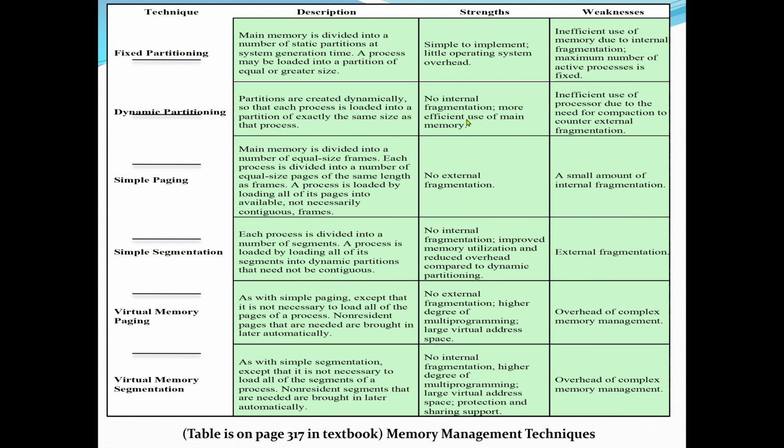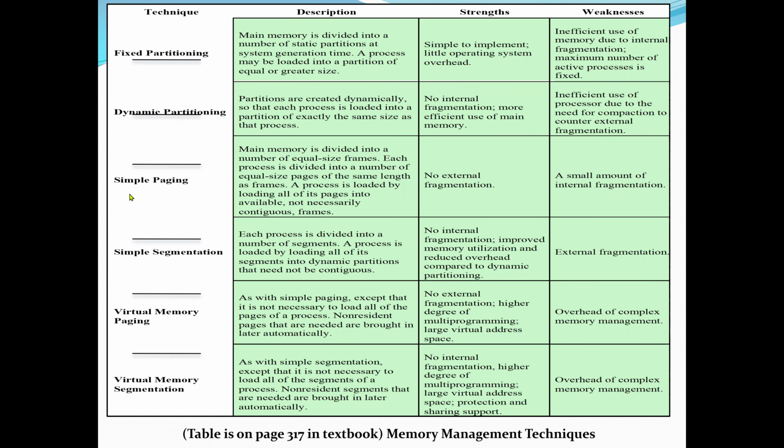So here there's no internal fragmentation, and it's a more efficient use of main memory. The disadvantage is inefficient use of the processor due to the need for compaction to counter external fragmentation.